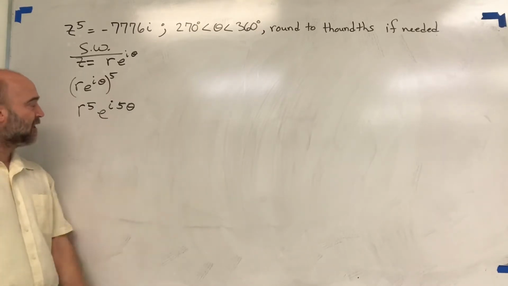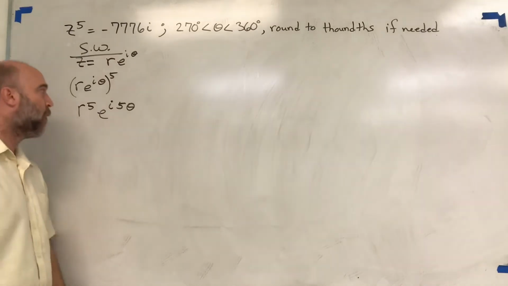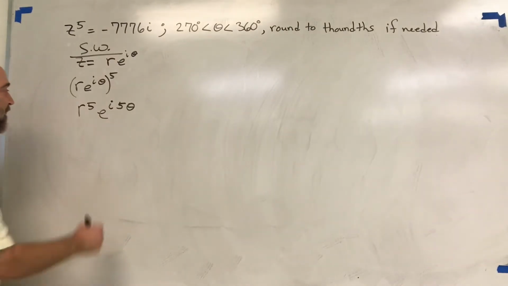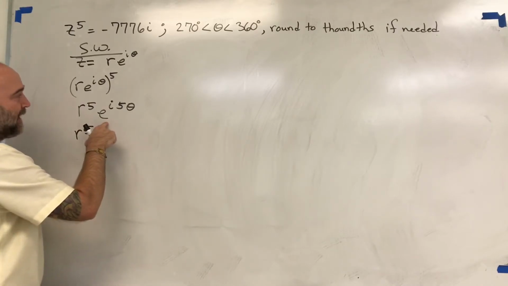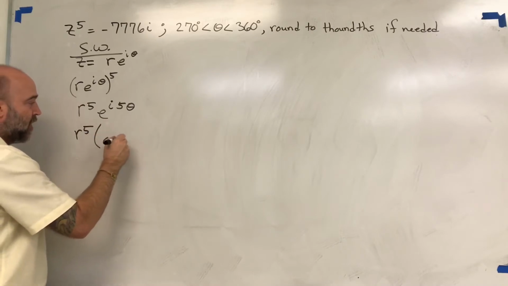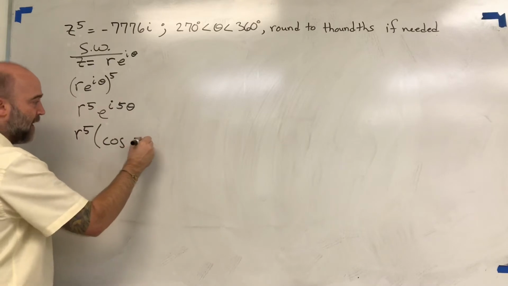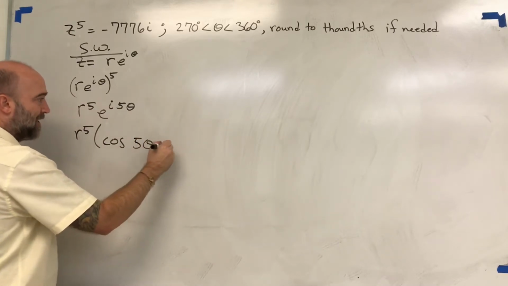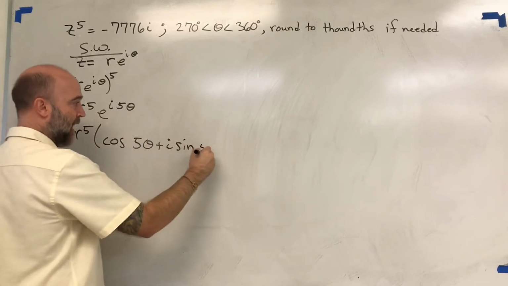Now I'll re-represent this in its polar form so I can see what it looks like, extended out. So we have r to the fifth, and e goes away. It turns into those trig functions. Cosine, the theta is this part right here, so that's 5 theta, plus i sine, same theta, 5 theta here.